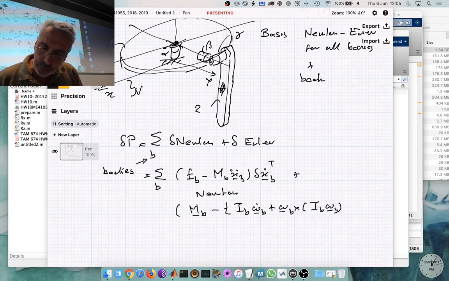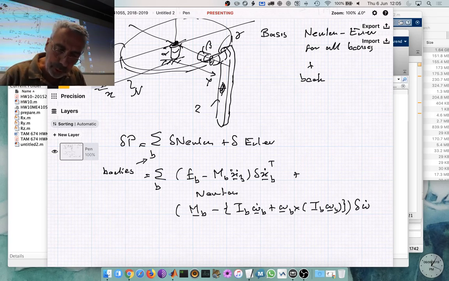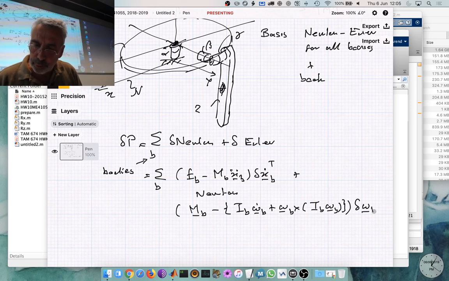And that should do the trick. Close that bracket, close this one, times the virtual angular velocities. And we can put big brackets around this. This is the whole thing.